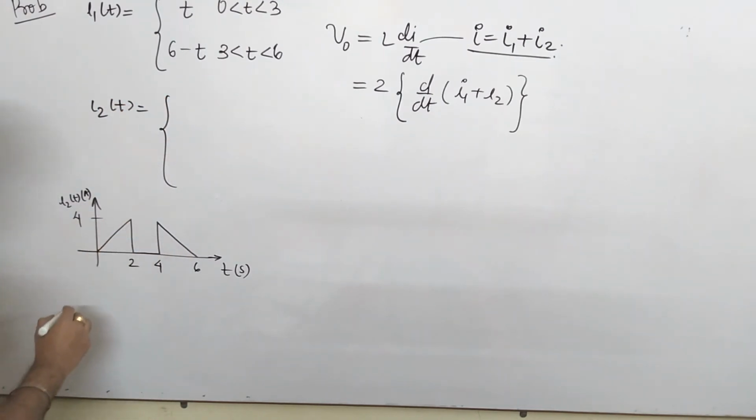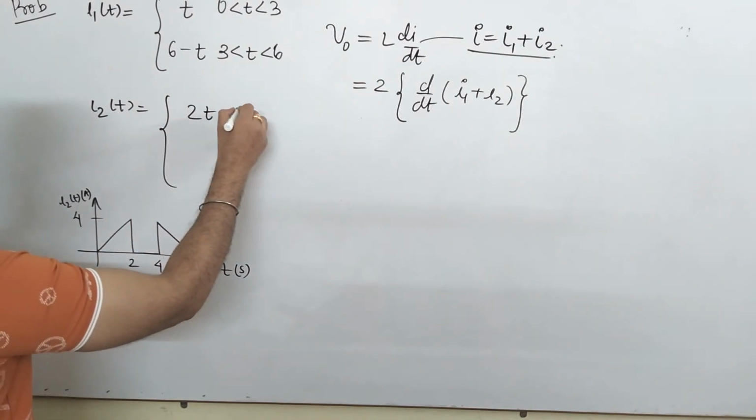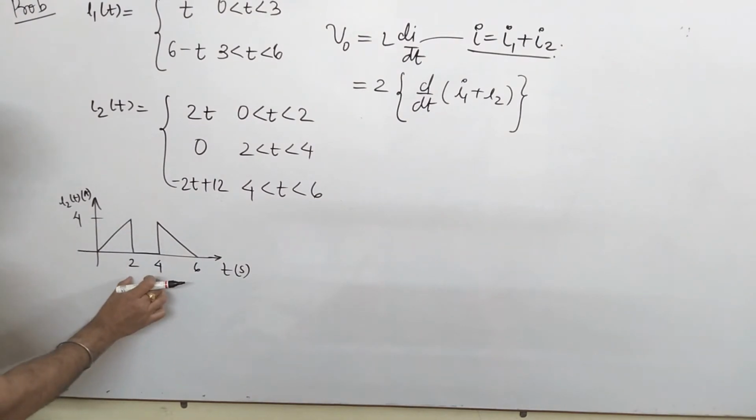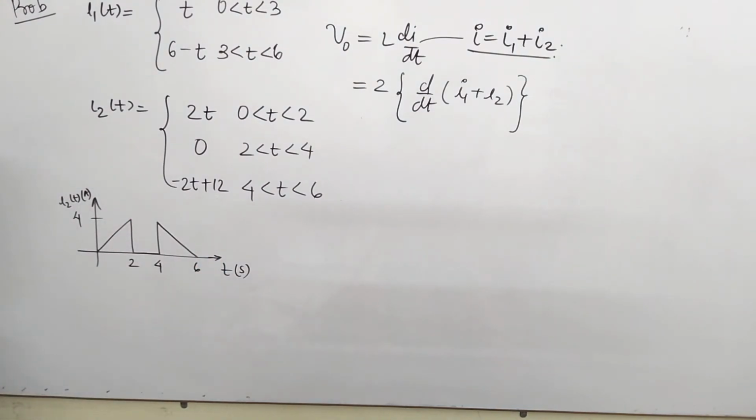Please see again, this is 2, this is 4, so it is 2t. Just simply solve it. So this is the value of I1(t) and this is the value of I2(t). Simply it is 2t. From 2 to 4 nothing is there, so it is 0. From 4 to 6 it is minus 2t plus 2. Just solve by your mathematical way. So this is I1 and I2. Now for finding out the value of V0, we have to simply differentiate it.